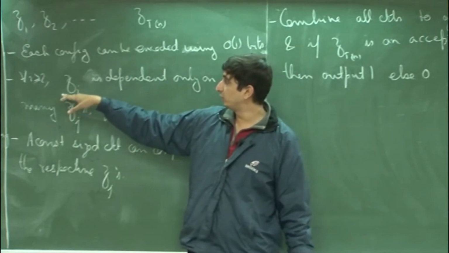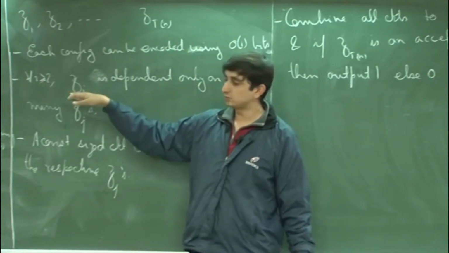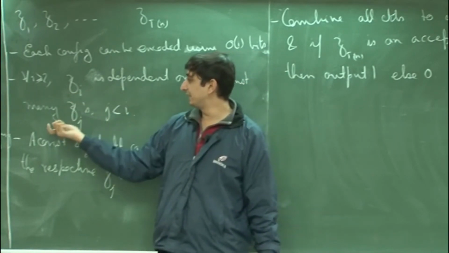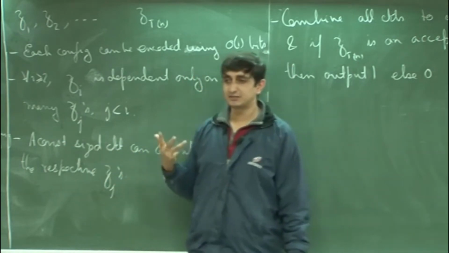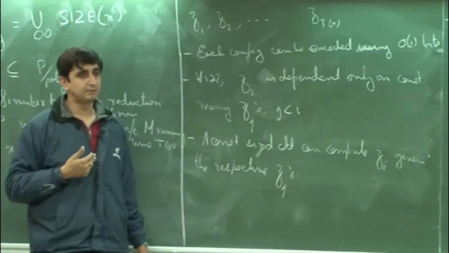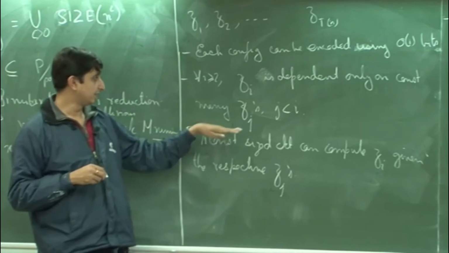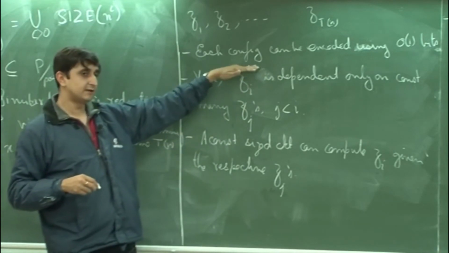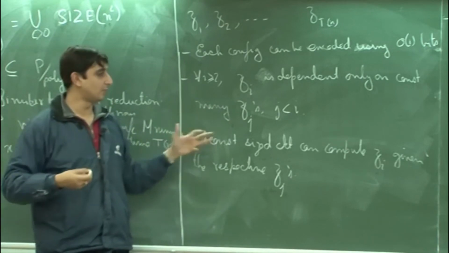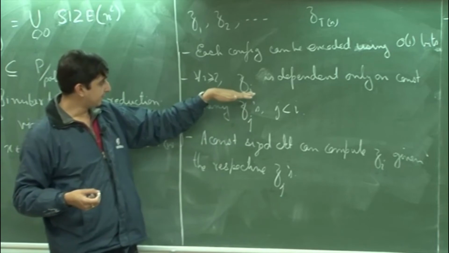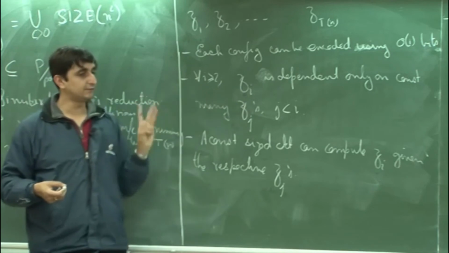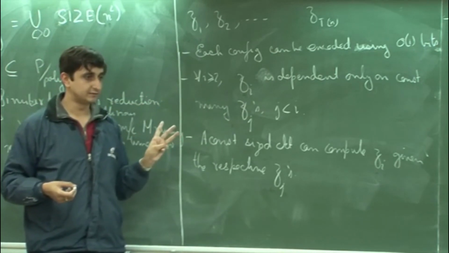Basically, I am going from some Zi minus 1 to some Zi, and this Zi depends on some constantly many earlier configurations. Let us say it depends on 3 other configurations: it depends on Zi minus 1 and maybe some 2 other configurations. So, what is the transition function now? The transition function is a function which takes 3 arguments. One way to model it is, if I want to compute what the configuration Zi is, it is just a function of 3 other configurations.